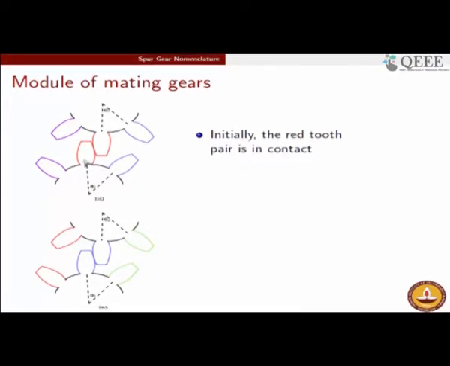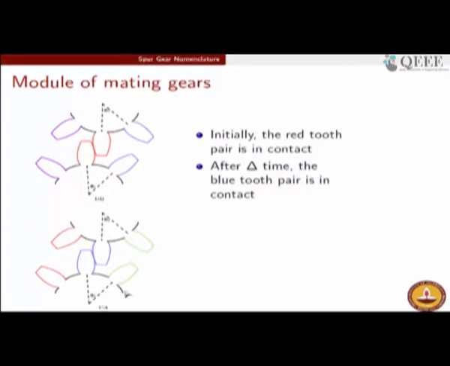So, the red pair of teeth has gone this way, and it's the blue pair of teeth now which is in contact. So, the successive tooth has now taken its place. This is what is happening after a later time instant delta. So, after a delta time, the blue tooth pair has now come in contact.